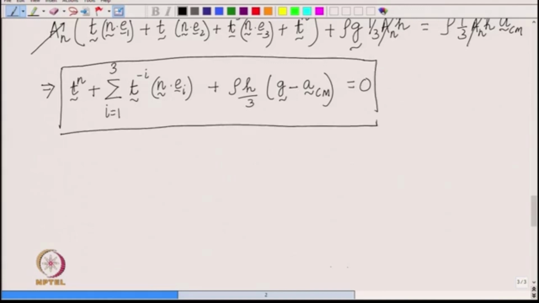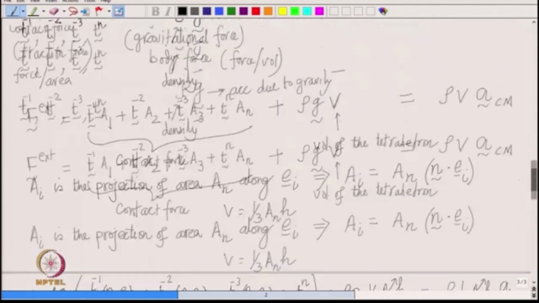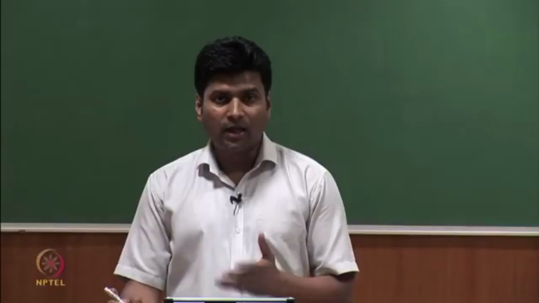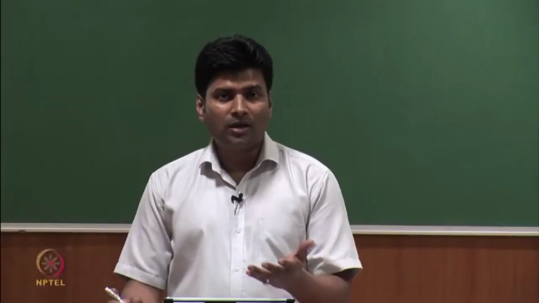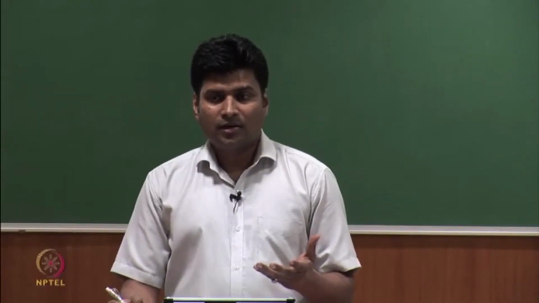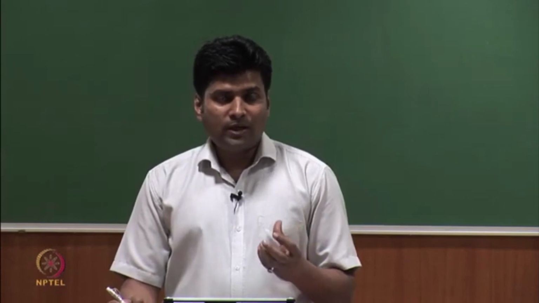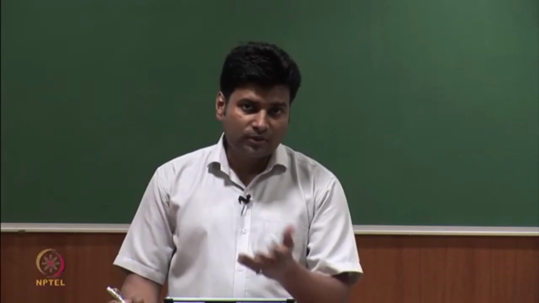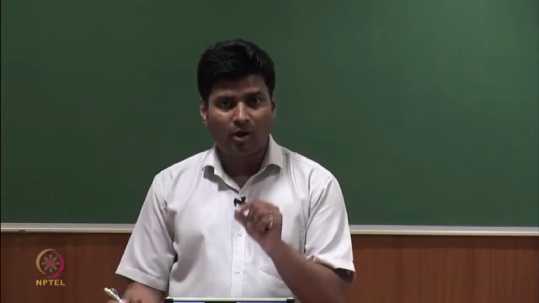We are not done yet, just a small step remaining. See, what was our goal? We wanted to write down the traction on the plane n in terms of the other three tractions. So, we are basically trying to write down traction on any plane in terms of three other planes at a given point.